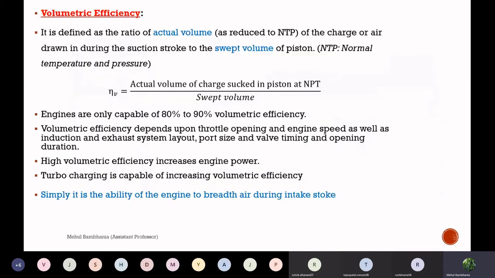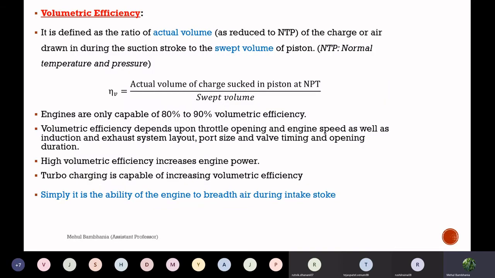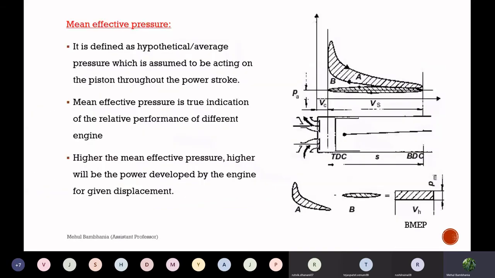We can provide an additional turbocharger, which will compress the air and then supply it to the engine. That compressed air has a nature to rush into the cylinder easily. So by providing a turbocharger, you can improve the volumetric efficiency. So this is what volumetric efficiency is.